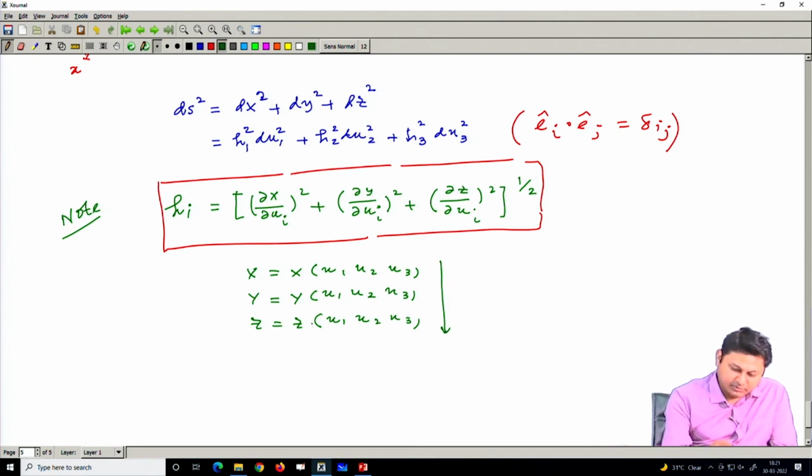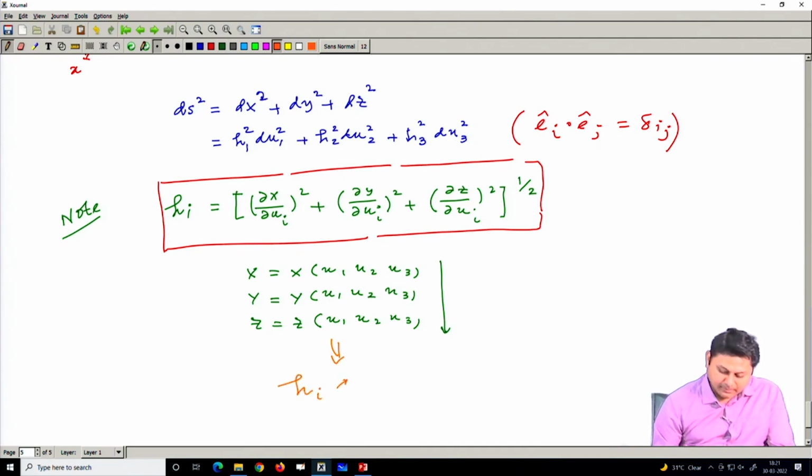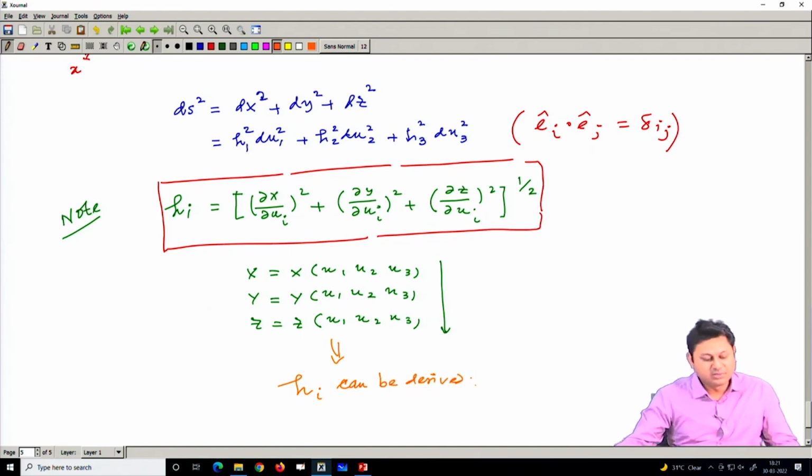From this information, we can find out the scale factor. Okay. So, that is the information we are going to use later.